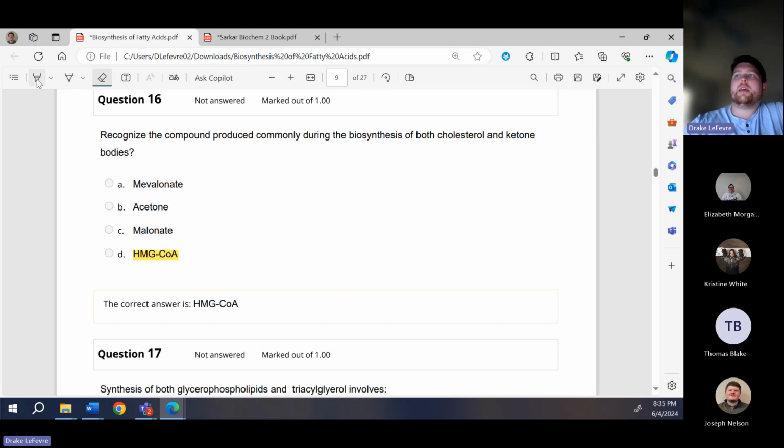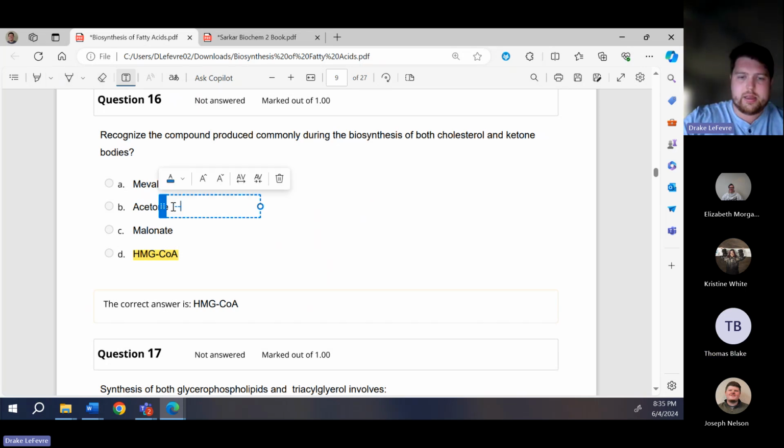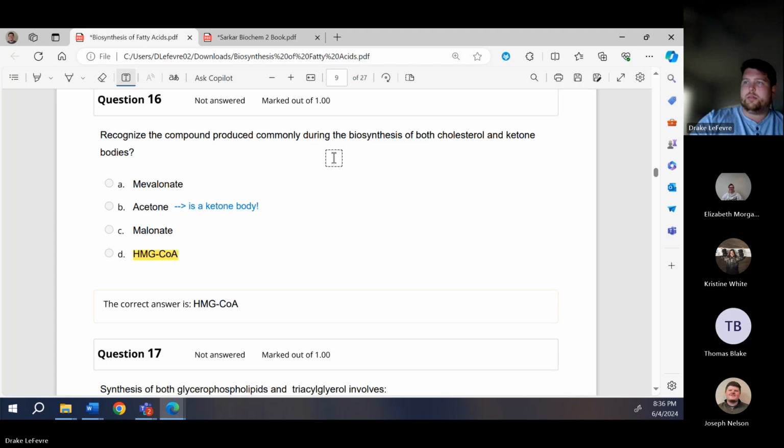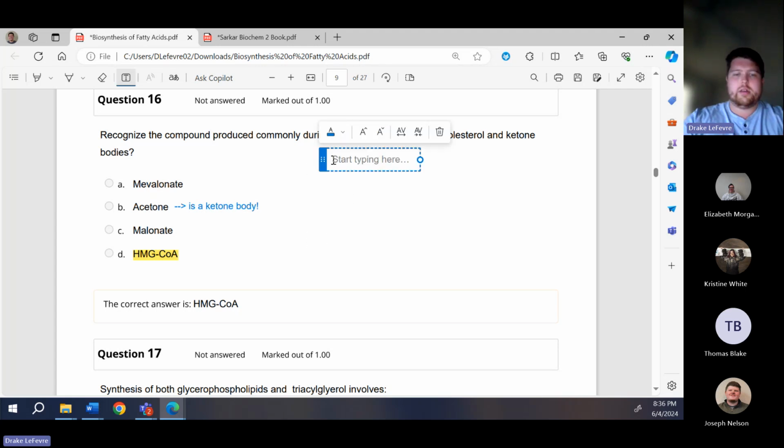Okay. And then acetone itself is a ketone body, right? And then the other two, it was acetoacetate or something like that, or acetate.